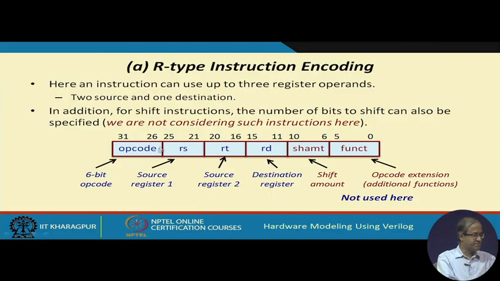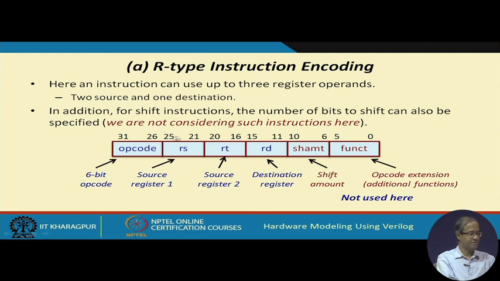So, to address 32 registers uniquely, you require 5 bits, because 2 to the power 5 is 32. So, in all these register fields you need 5 bits each. 5 bits here, 5 bits here and 5 bits for the destination. So, the bits are given 11 to 15, 16 to 20 and 21 to 25.